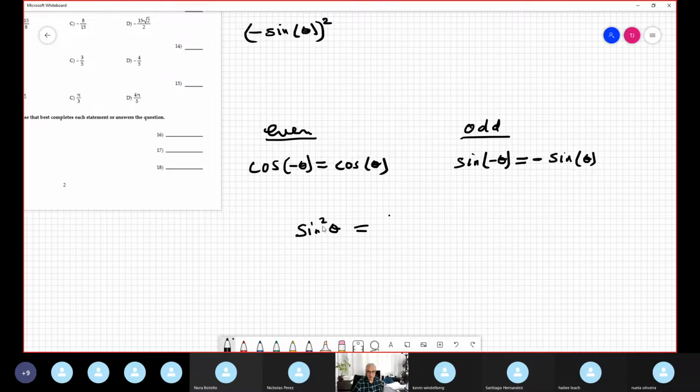But this is equivalent to say sine theta squared. Entonces, to omit the parentheses, you put in this notation. Okay? Pero es equivalent. Es the same. Don't confuse it with sine of theta squared, because this is a square first, the argument, and after you compute the trigonometry.